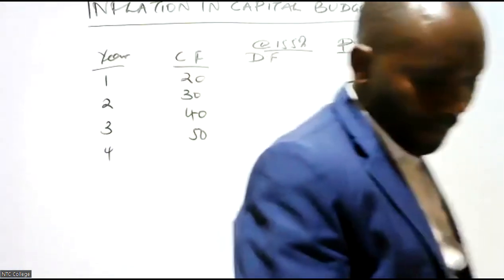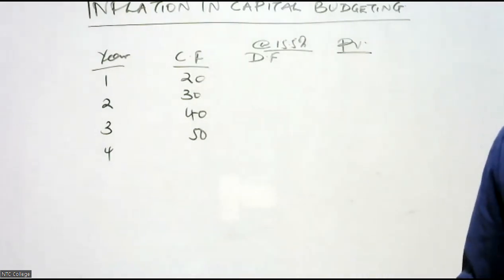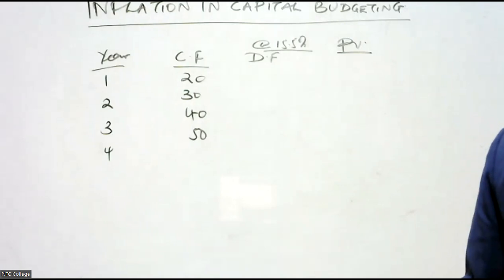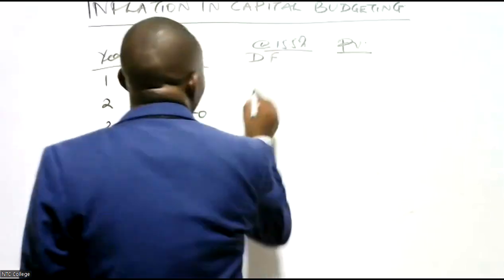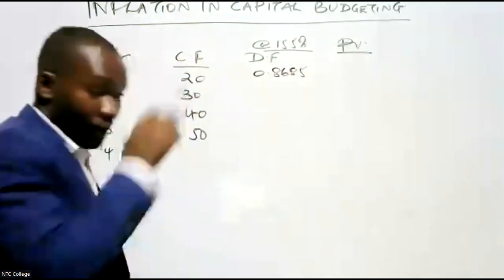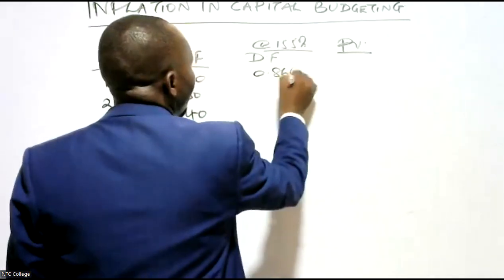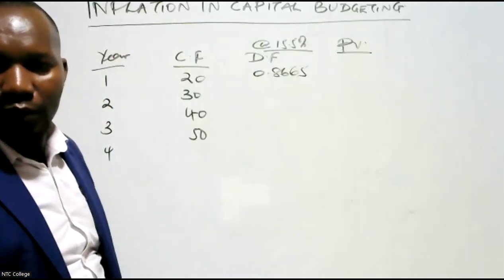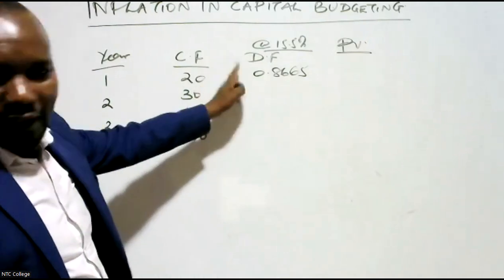Discounting factor? 86.65? Then the second one. No, we can't be getting wrong answers. This thing is very direct.